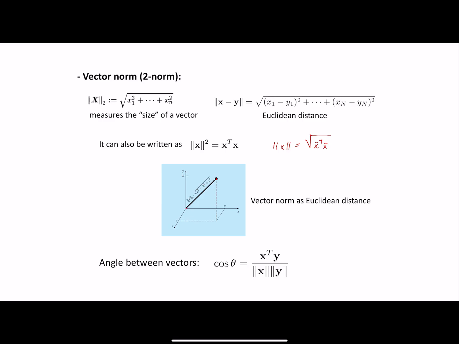Likewise, I'd like to mention some geometric properties of these vectors, and one of them is the so-called angle between two vectors. If we have two vectors in two or three dimensions, let's say in 2 dimensions here, I'm going to draw two vectors very quickly. Here we have vector x, and here we have vector y.